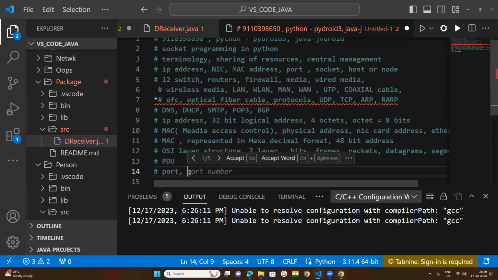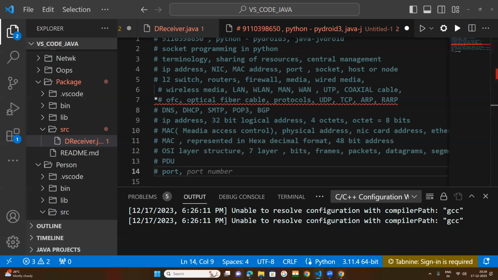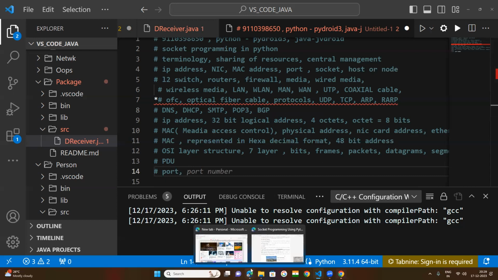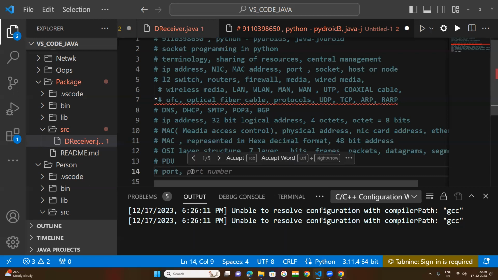At a time the computer accesses one service, the World Wide Web, by the Chrome browser, otherwise Microsoft Edge, whatever browser. It is accessing the web service. That web service is being accessed at port number 80. Port number 80.